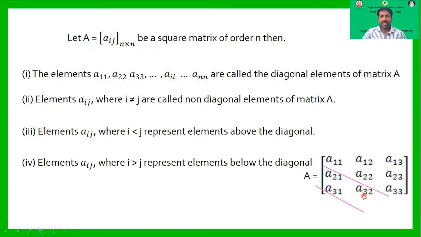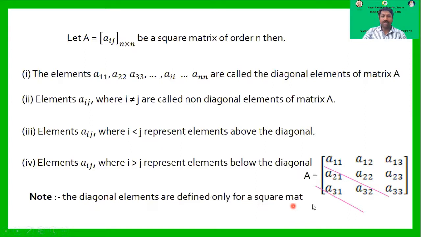Therefore, all these elements are below the diagonal. The diagonal elements are defined only for a square matrix, not for all matrices.